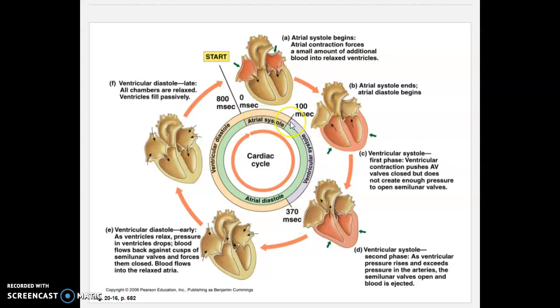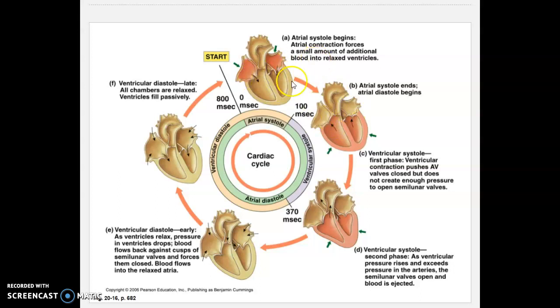Now notice we have ventricular systole starting here and continuing here, and then I have both atrial and ventricular diastole in these pictures. Again, systole is contraction, so the red in the picture is not blood flow, the red in the picture is contraction. The black arrows are blood flow.